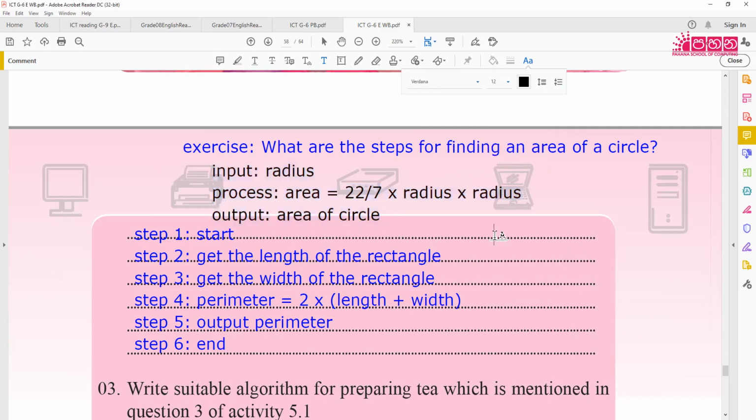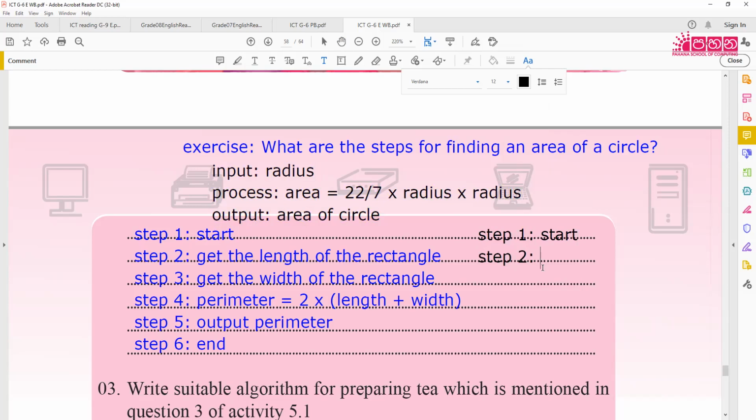Right. So let's take this. What is the first step? We'll go step by step. Step 1. Yes. Start. Yeah, we have to say start. Okay, that's good. Step 2.